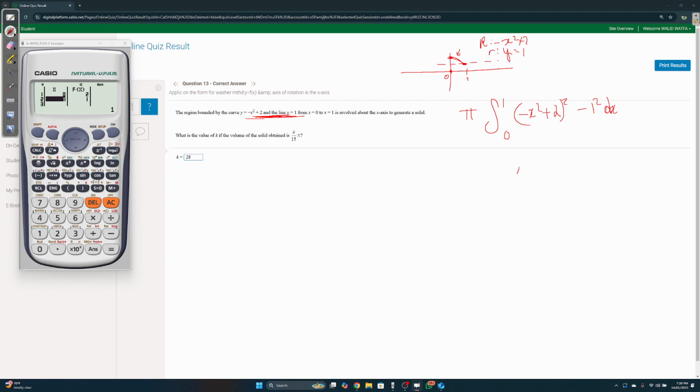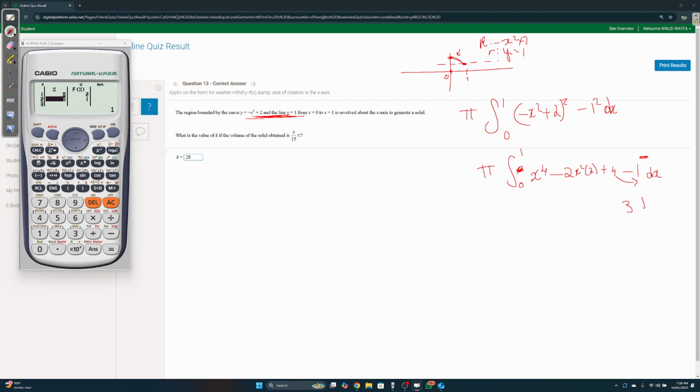So x to the power 4, which is a squared, minus 2ab, so minus 2 times x squared times 2, plus b squared, so plus 4, and then minus 1, and don't forget the integral and pi.